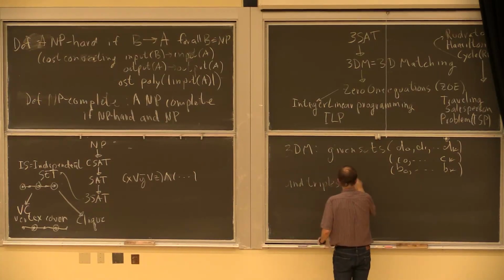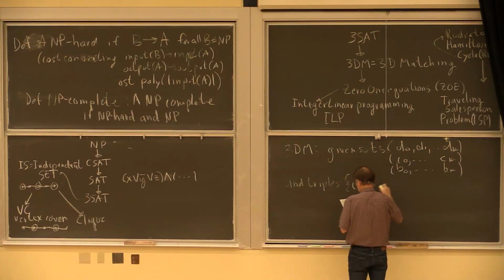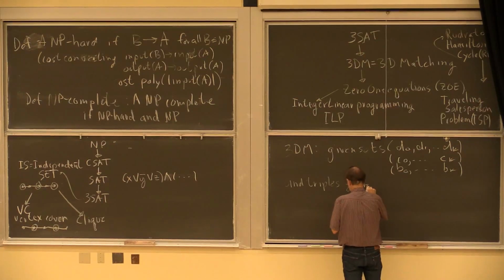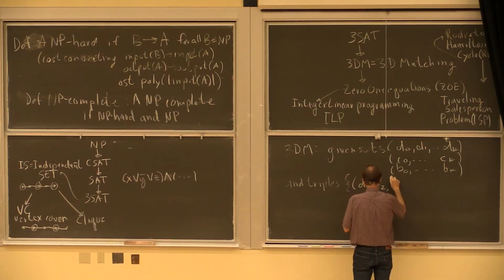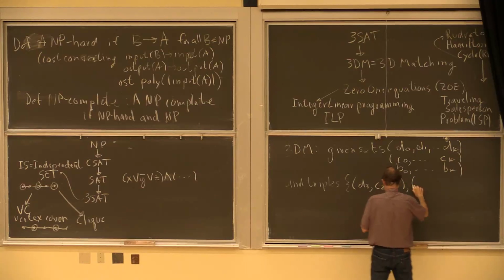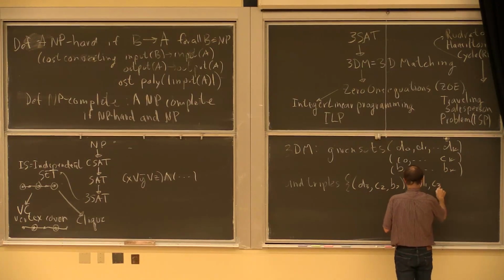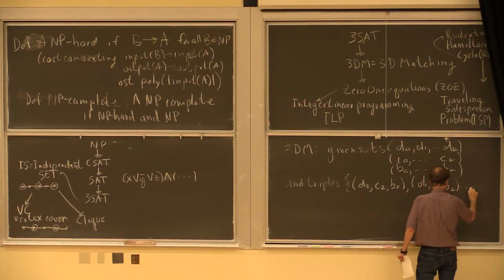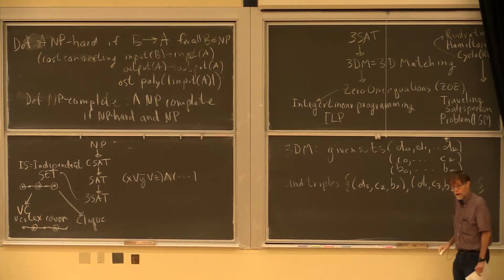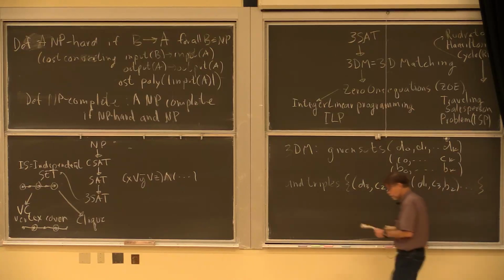So I have a set of one of these, one of these, one of these. So it could be, for example, D3, C2, B7, and then another one, D1, C3, B2. Just some finite list. And what I want to know is, can I find a subset of these that match all of these, where each one appears exactly once?